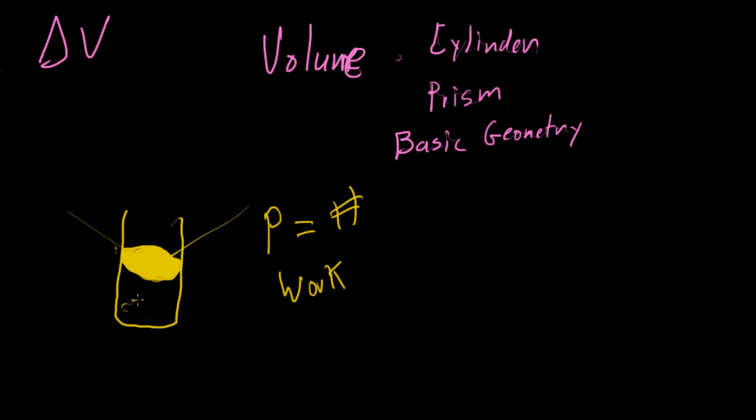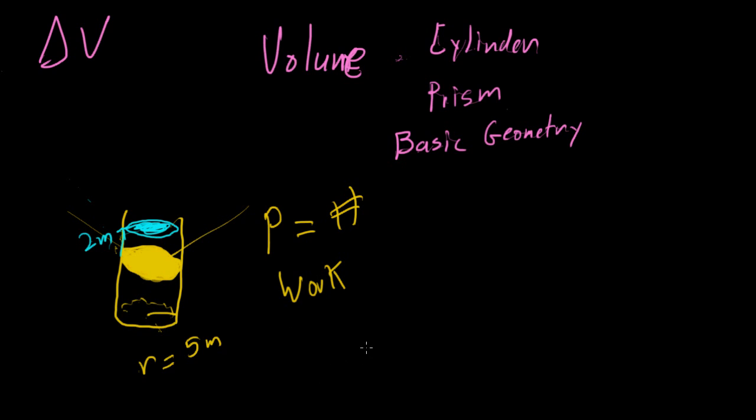Maybe they'll give you the radius of the cylinder. 5 meters, who knows. Okay, and then they'll say that the pressure causes the piston to move, maybe it causes it to move up, so it's up here now, some number of meters, 2 meters up.